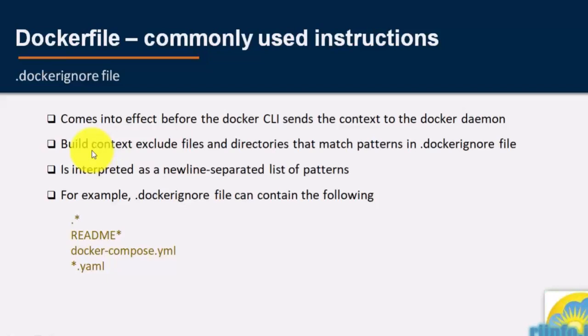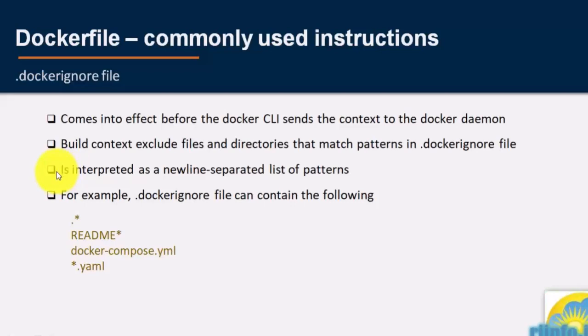The CLI interprets the .dockerignore file as a newline-separated list of patterns similar to the file globs of Unix shells. If a line in the .dockerignore file starts with the hash in column 1, then this line is considered as a comment and is ignored before being interpreted by the CLI.